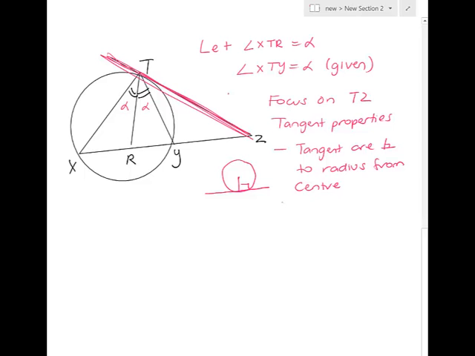Another property of tangents is that two tangents are equal distance from an external point.